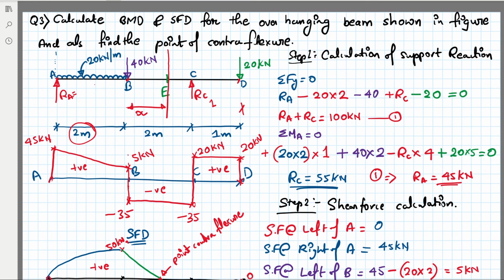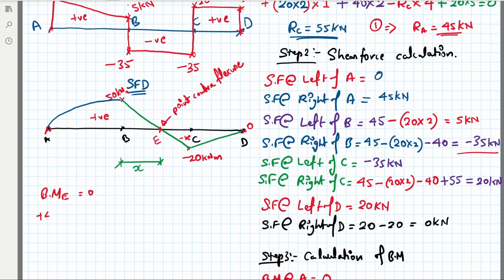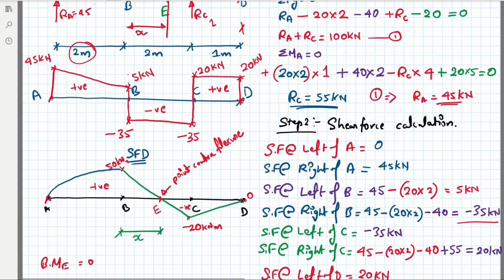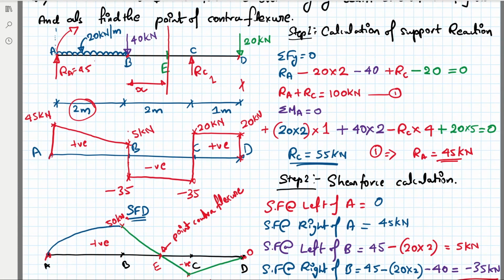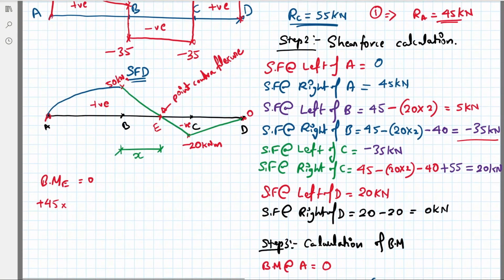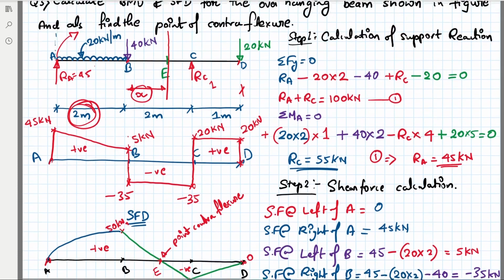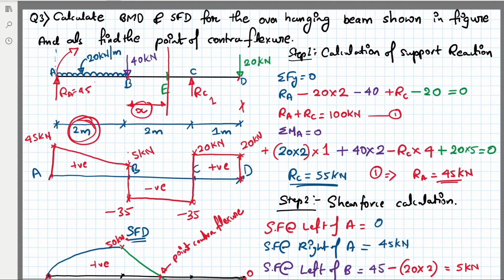We have RA equal to 45 kilonewton, which rotates about E in the clockwise direction. So I will take plus 45 into the distance, that is x plus 2 meter. Then we have the UDL.